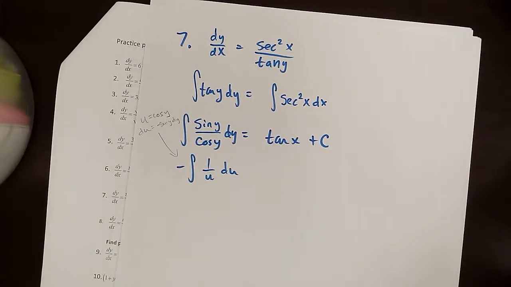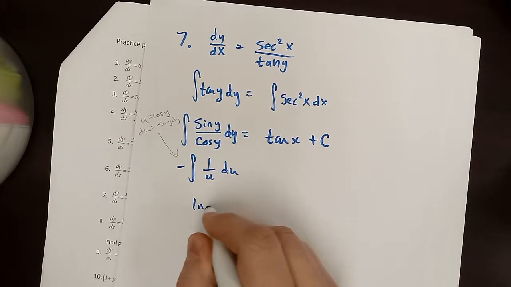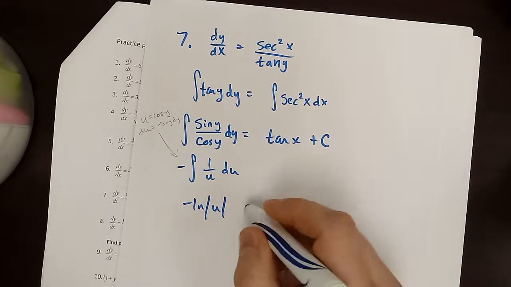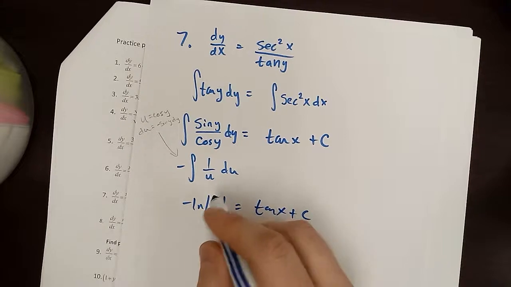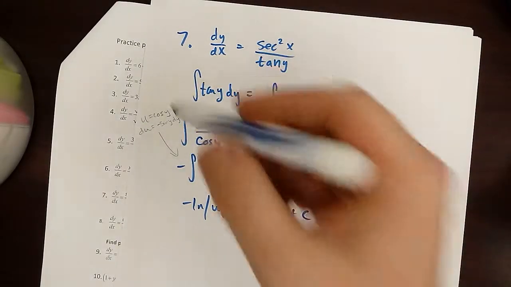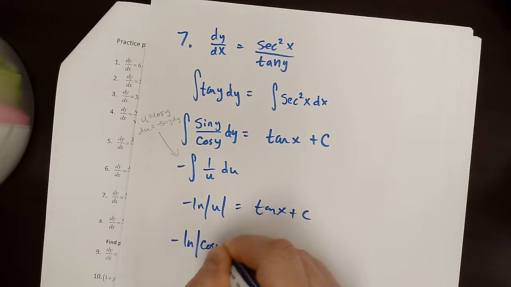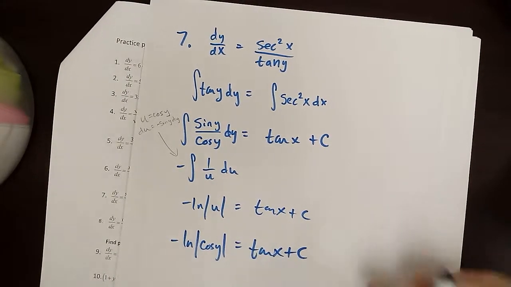Sorry. So the integral of 1 over u is the natural log of the absolute value of u. So there was a negative on it, so there's still a negative on it. And so we got tan x plus c over here, and then we dropped the u back in. U was cosine y. So negative ln cosine y is equal to tan x plus c.